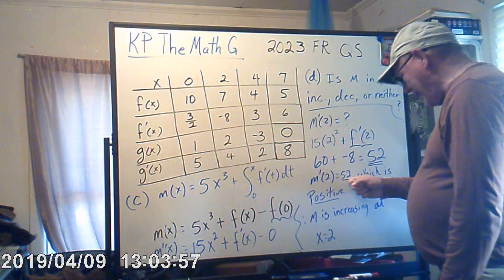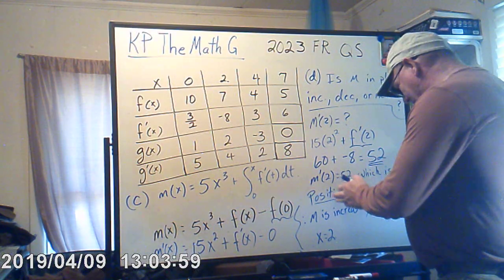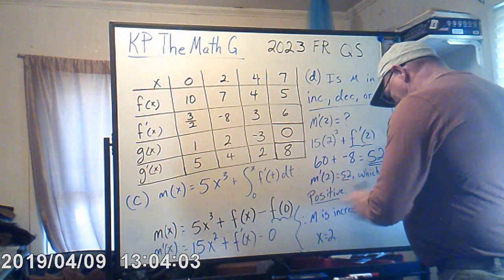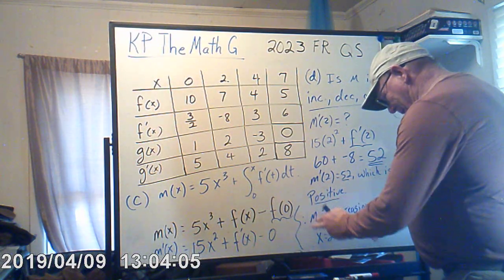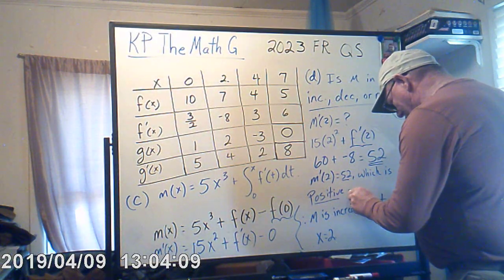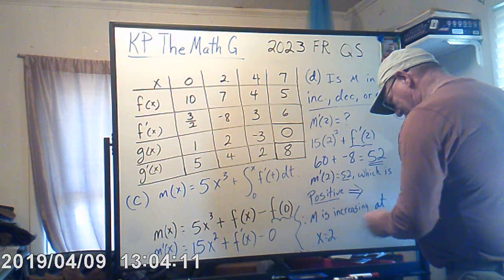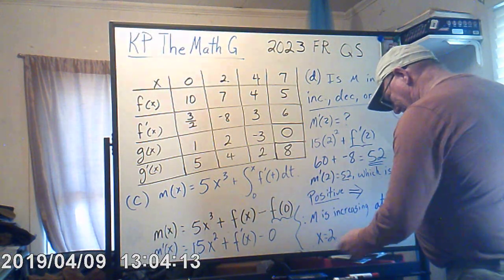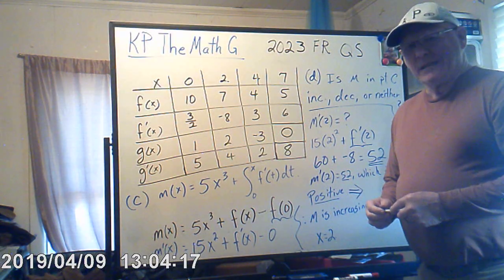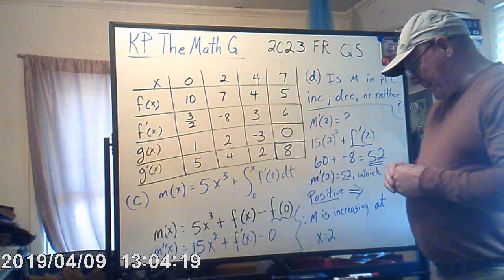This is good here, but then you got to say M is increasing for this reason, which is positive, for this reason, or therefore. Some people even say which implies M is increasing at X equals 2. That means implies. You can say that.